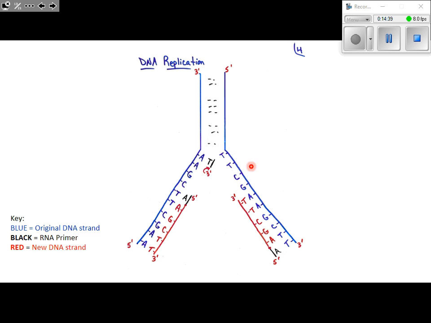Now that we've unzipped the next little section, on the right-hand side, we have a 3' end right where we left off. This is the 5' right here. So this is a 3'. And that's good. We can add to a 3', and we can just keep on building DNA.